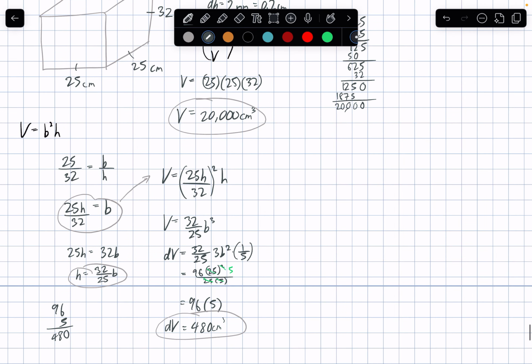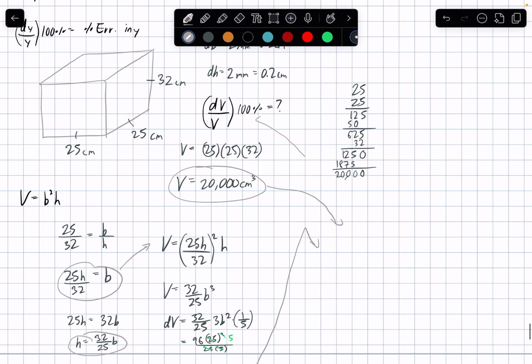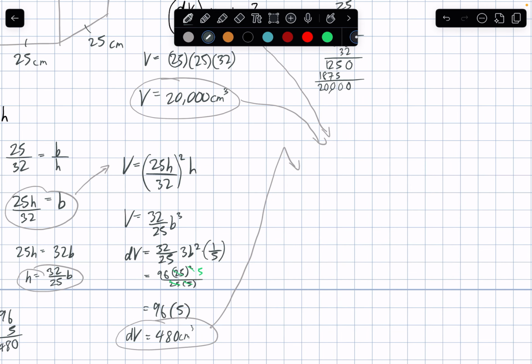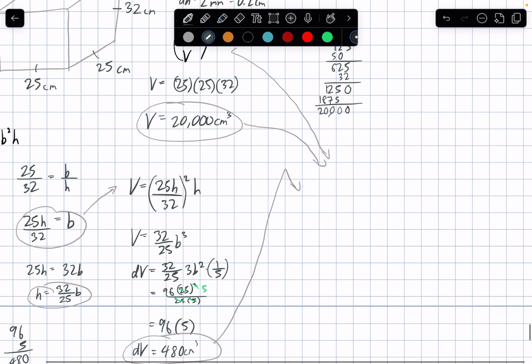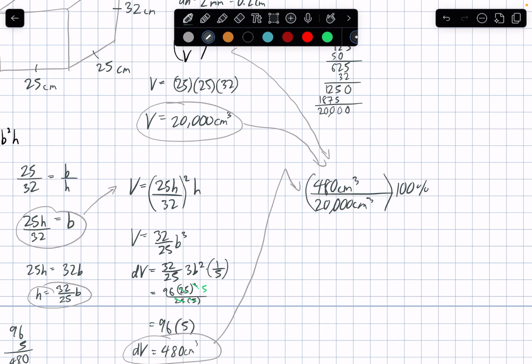So now that we're able to find dV, let's now use the formula for percent error. So dV is 480. Volume is 20,000, times 100.